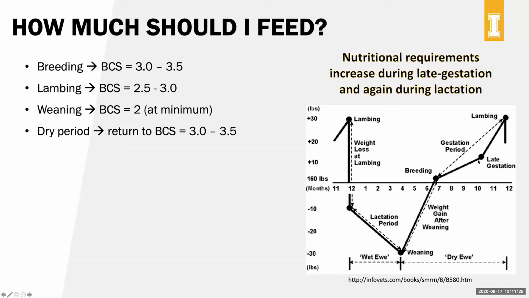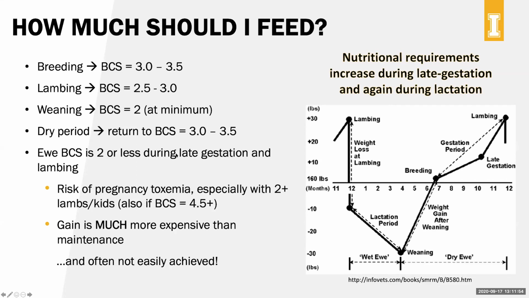You don't want to see your ewes and does dropping body weight during gestation because that's a lot more serious than it seems like it is if you're just looking at body weight. So make sure that as you come into lambing, they need to be at least a 2.5 body condition, if not a 3. And then during that dry period, you need to get them back up to that 3 for good breeding.